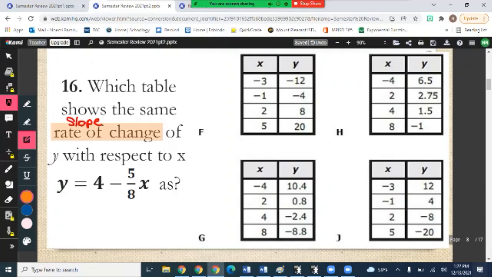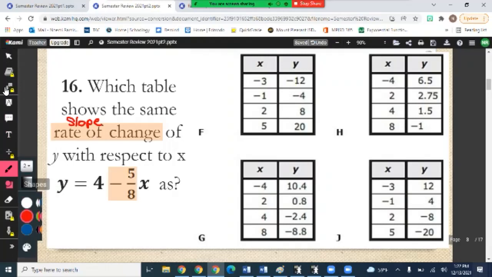Wake up. What's the slope? -5/8. Now you have an equation. To find which one goes with it, you have an equation where it's solved for y. Where can you put anything that is solved for y?